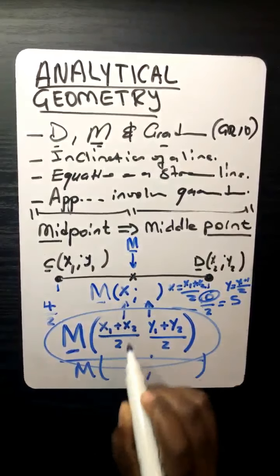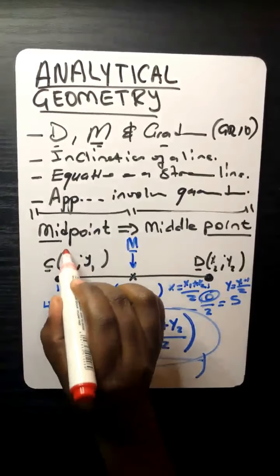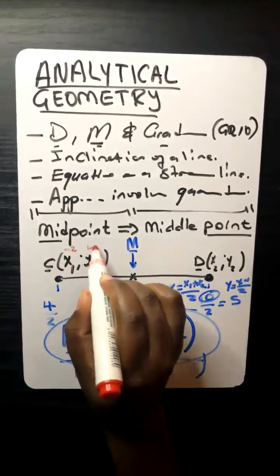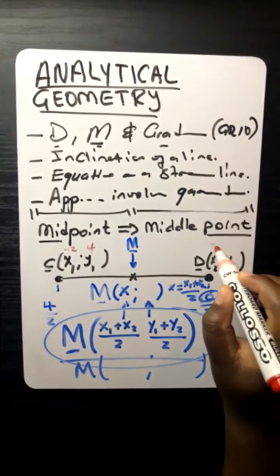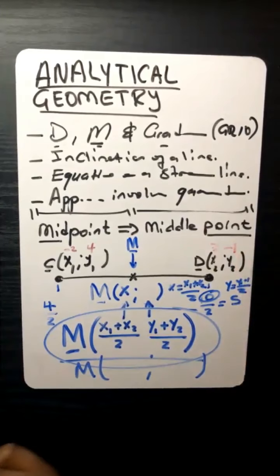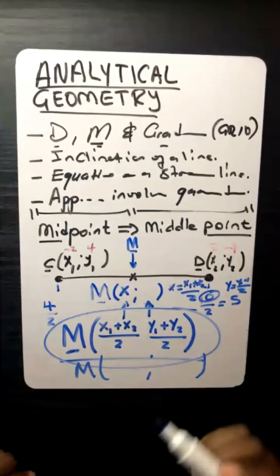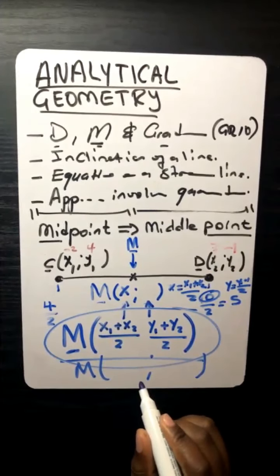You substitute the values. Let's see, for example, let's say maybe that was -2, that was 4, this was 3, and this was -1. So now you had to substitute into the midpoint formula. So be careful, guys. I said when you substitute a value which is a negative value, put it in brackets.